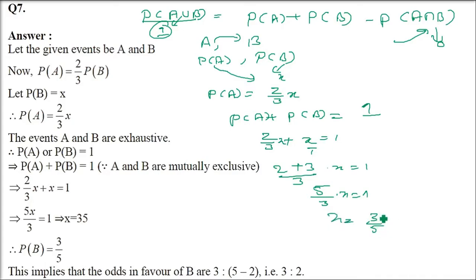Now this is the probability, but for odds, as I told you earlier, 3 you will put here and then subtract 3 from 5, so 5 minus 3 is 2. So 3 is to 2 is the answer.